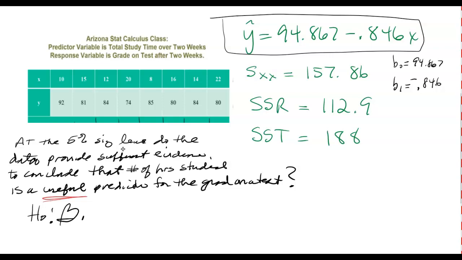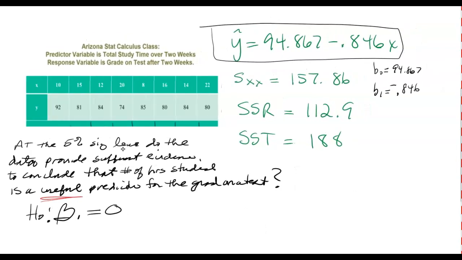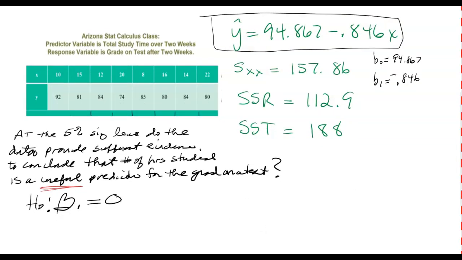So small b 1 is the slope of the sample. We are going to look at whether the slope is equal to 0, using the population slope, of course. Same way when we look at means, we use mu in setting up our null and our alternative hypothesis. Having it equal to 0 means not useful.